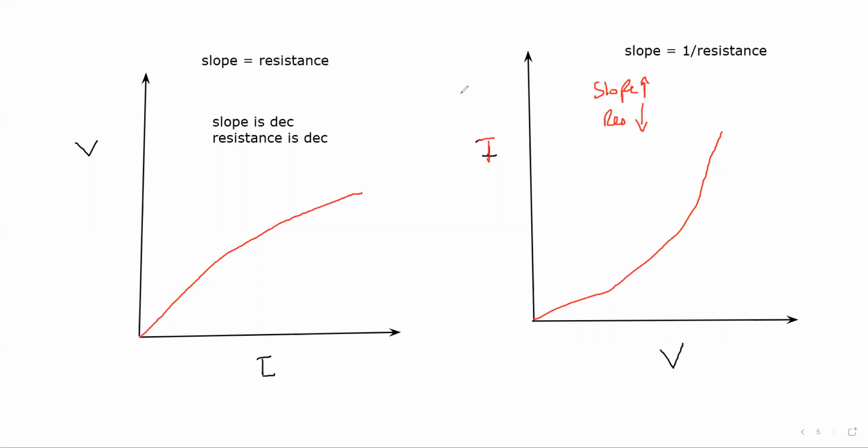So basically, you have to identify the slope and which quantity is on the y-axis and x-axis. According to that, you can work out the graph. So here the slope is decreasing, so resistance decreases. Slope increases, but resistance decreases because I changed the axis. Is this idea of the graph clear?